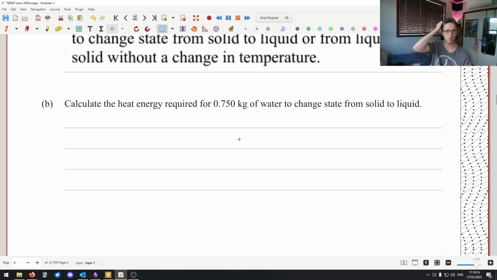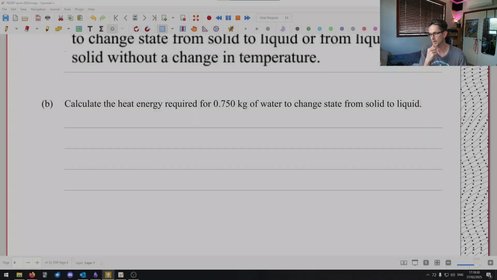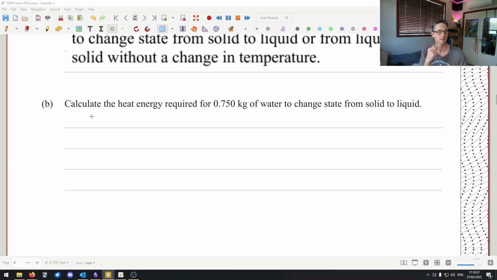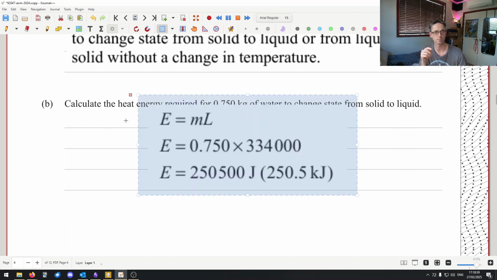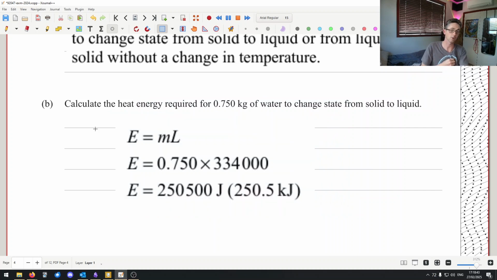Calculate the heat energy required for 0.75 kilograms of water to change state from solid to liquid. And so this is where you get your formulas. In this case here, we use the nice simple formula: the energy equals the mass times the latent heat.